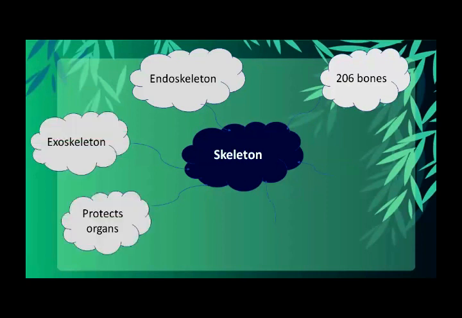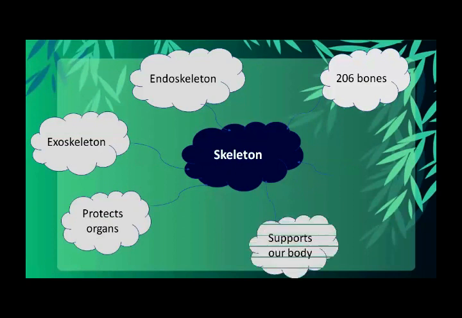So first is 206 bones. Second, we are going to take the types: endoskeleton, and third is exoskeleton. Fourth, skeleton protects our organs. Organs means like your heart, brain, kidney. All these are called organs, and skeleton protects the organs. And skeleton supports our body.